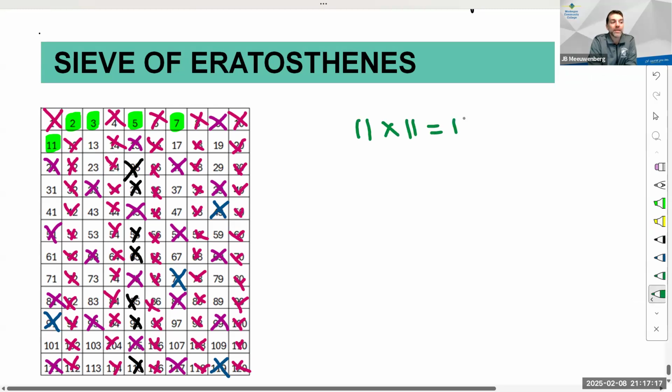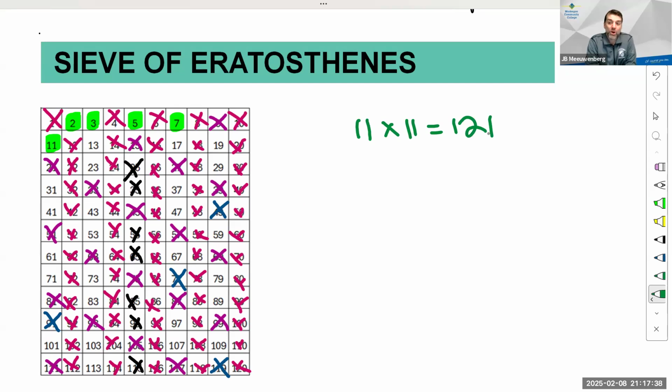11 times 11 is 121, which means that every other number on this chart is going to be a prime number, because we've already crossed them all out. We've already crossed off all of the numbers that are less than those, right?